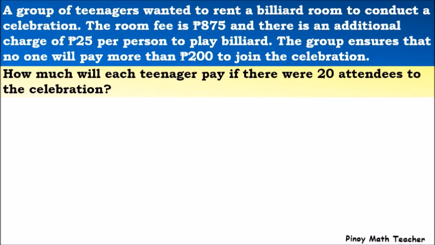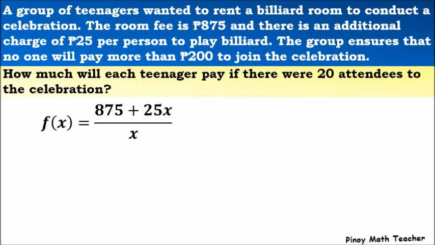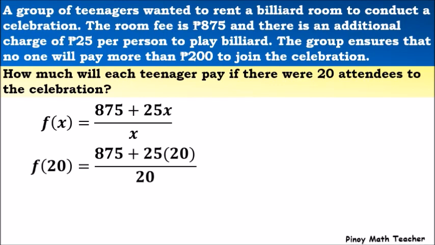How much will each teenager pay if there were 20 attendees to the celebration? So, ang kailangan natin dito, yung eksaktong amount na babayaran ng bawat attendees. So, gamit yung function na f of x equals (875 plus 25x) over x. Replace natin lahat ng x's ng 20. So, (875 plus 25 times 20) over 20. Kuhanin muna natin yung product ng 25 at 20.